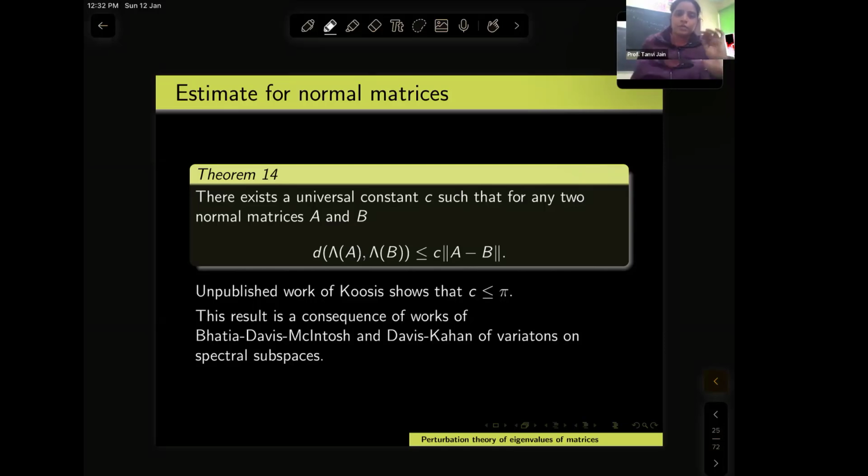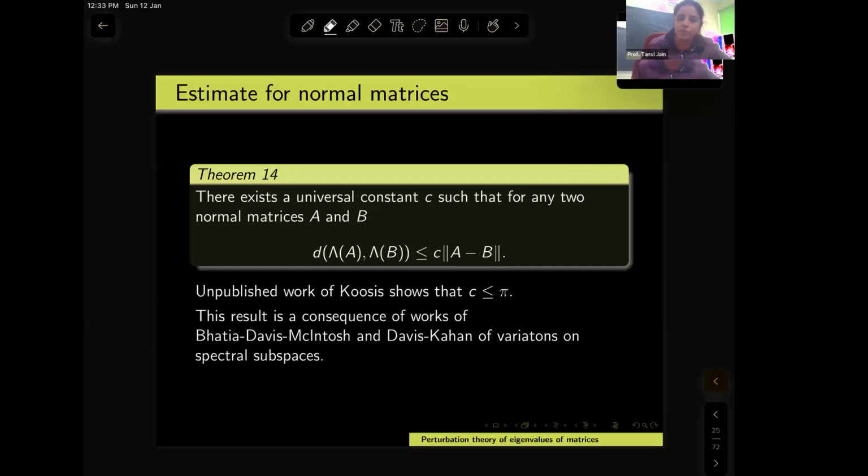Someone who is more interested can actually go to Matrix Analysis and look at the sixth chapter. So here, this is an inequality that I'm talking about on eigenvalues. Now, a similar problem I can talk about: if A and B are close enough, how close are their eigenvectors or eigenspaces?